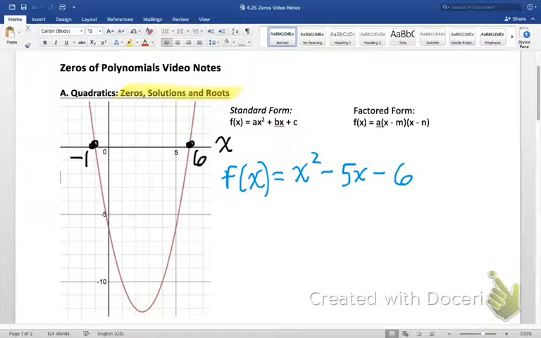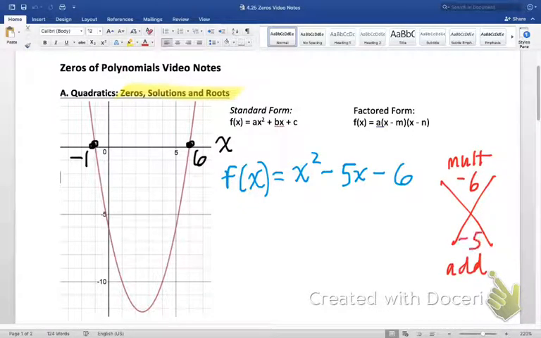So we could think, well, it's a trinomial and a is 1, so I can do the x method and think about what's going to multiply to be -6, but also add to give me -5. I can think for a minute, and I get -6 and +1, because that will multiply to give me -6, but still add to be -5.